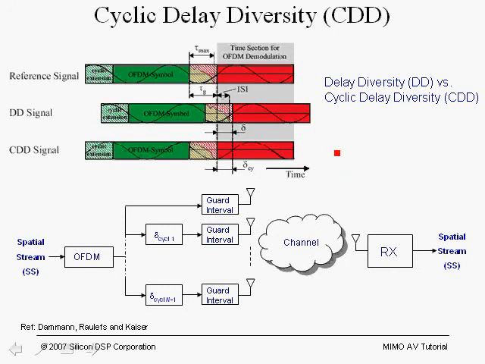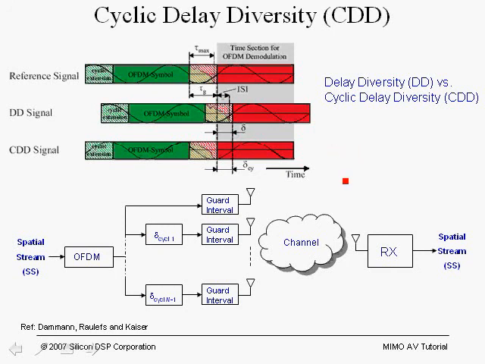Therefore during the synchronization and acquisition, the effect of the cyclic delay would be incorporated into the channel frequency response estimation process, and the equalizer would take care of it. This is a very important point.